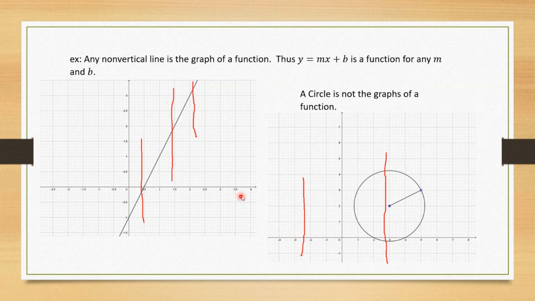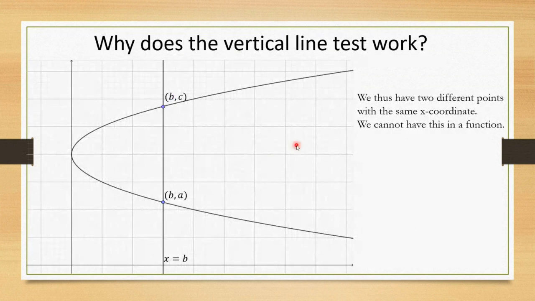Now, why does the vertical line test even work? Hopefully this will help you see why. The whole idea is that every vertical line is the graph of an equation of the form x equals b, for some number b. So any point on that vertical line has x coordinate b.